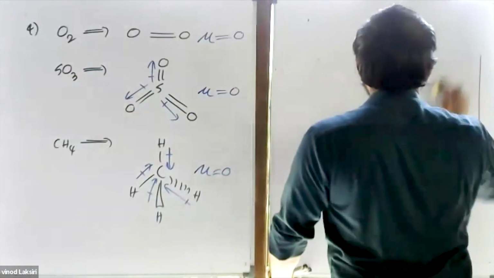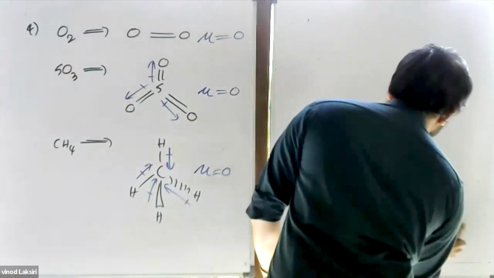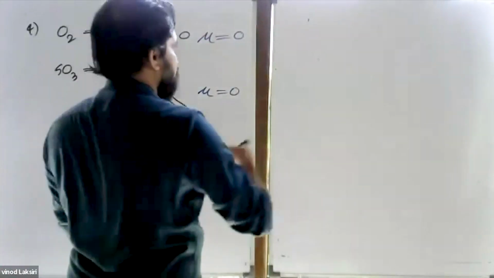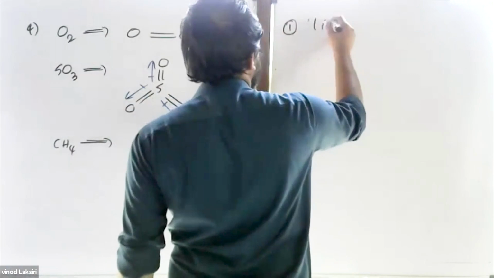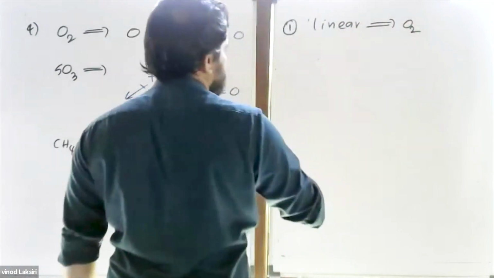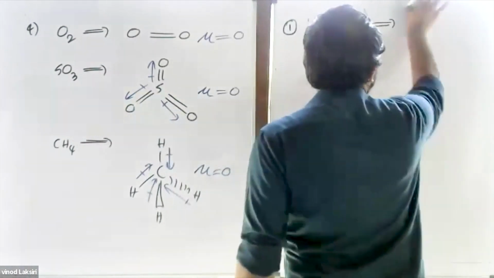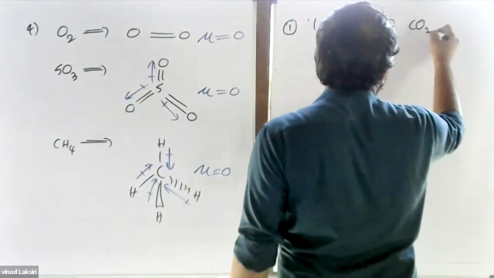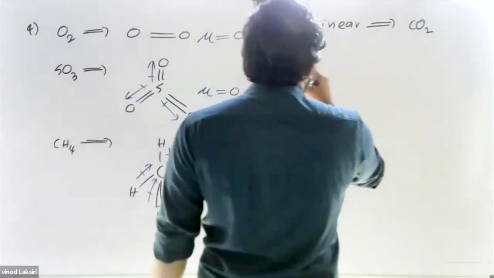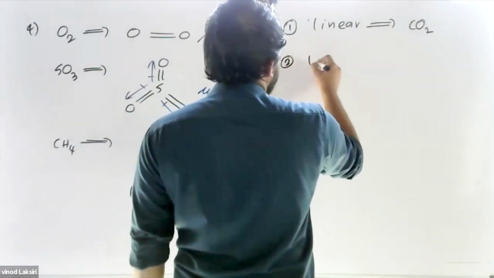So here I will write down what the symmetric molecules are, right? Generally you can remember it like this: linear, like oxygen. Otherwise, I will write carbon dioxide, right? Net dipole moment is 0. And trigonal planar.